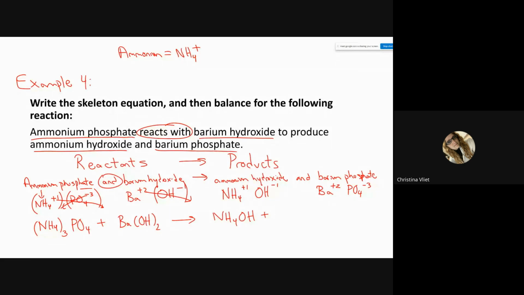Plus 2 and minus 3, do they cancel to 0? No. So if they don't cancel, you have to swap them. So this comes here. The parentheses around your polyatomic ion, and the 2 goes on the outside. And this becomes Ba3(PO4)2. And this is your skeleton equation.